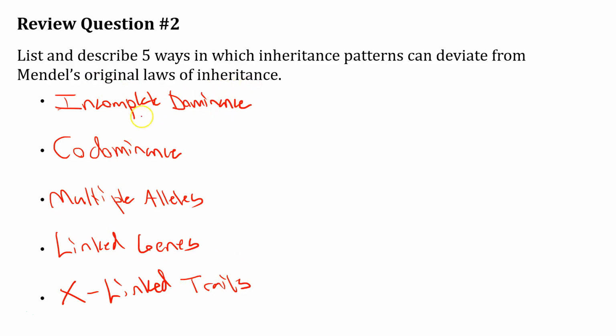Incomplete dominance means that a heterozygote will display a phenotype that's somewhere in the middle between the dominant and the recessive phenotype. Codominance means that 2 dominant phenotypes are shown simultaneously, and that goes contrary to Mendel's law that says there'll only be 1 dominant shown, and in a heterozygote the dominant is shown and the recessive is masked.